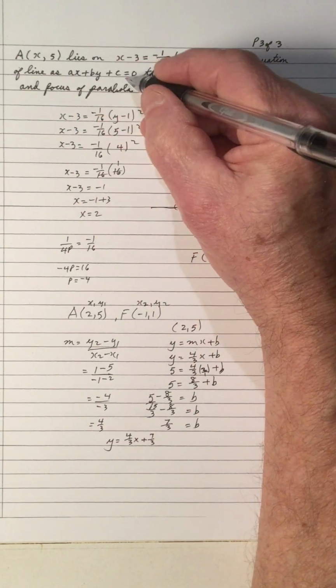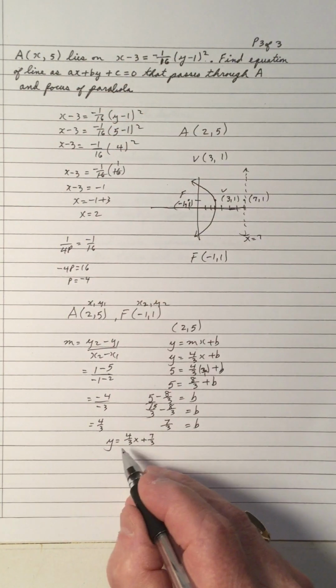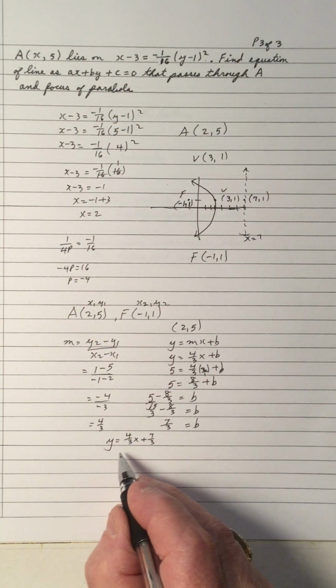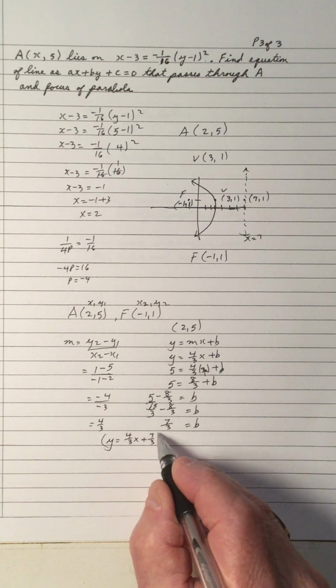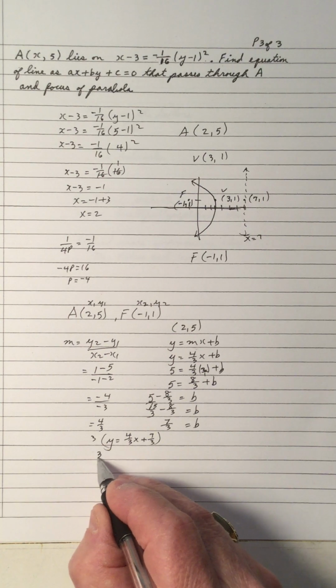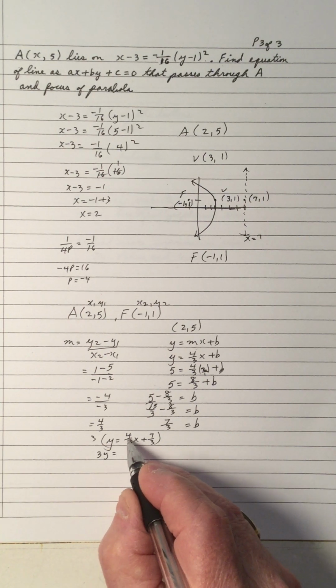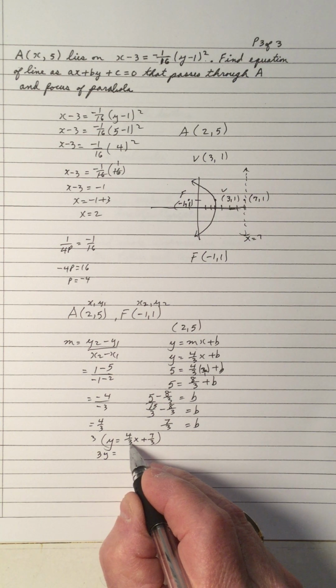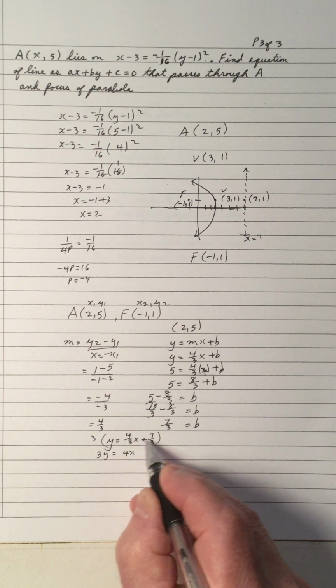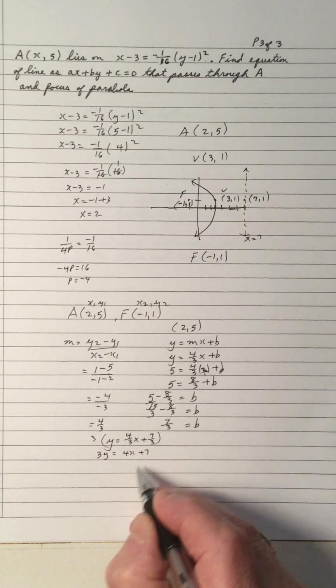But we want it in this equal to 0 form. This is slope y-intercept form. So we multiply by 3. Multiply the whole equation by 3. So we get 3y equals, 3 times y is 3y. 3 times 4 over 3 is 4x. 3 times 7 over 3 is 7.